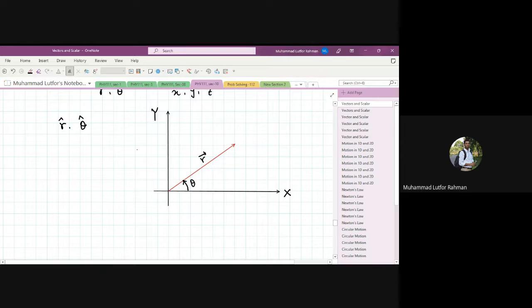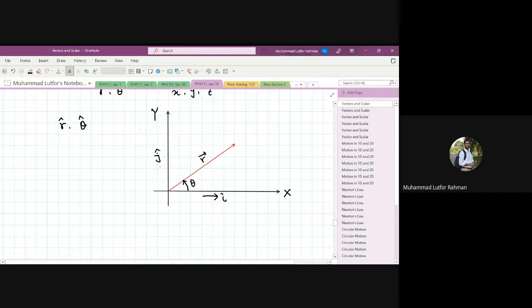Can you say what was the direction of i hat and j hat in the Cartesian coordinate system? So x and y axis, in the positive direction, right? Yes, in the positive direction. This is the i hat, and this is the j hat.